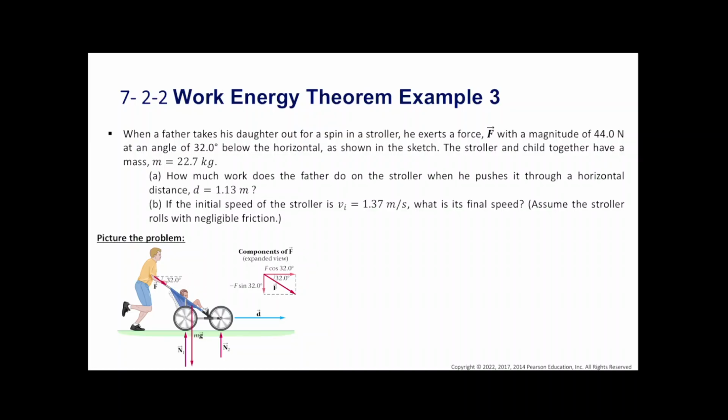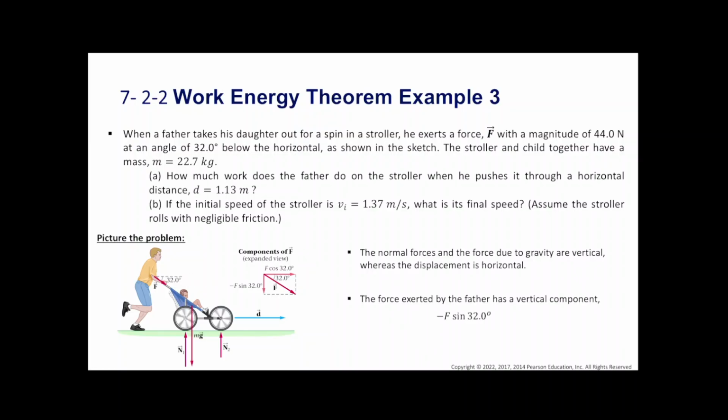We can find the components of this force. The vertical component is F sin 32, but it is in the negative y direction, therefore it is a negative value. And the horizontal component is F cos 32, in the positive x direction, therefore it is positive. It is in the direction of motion.